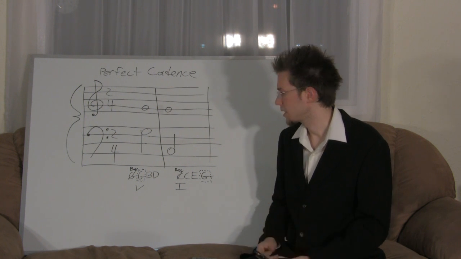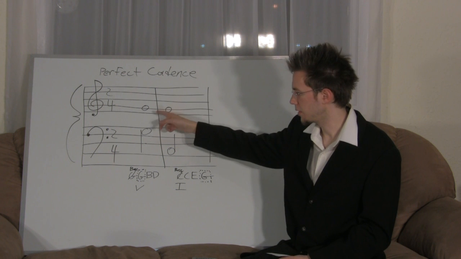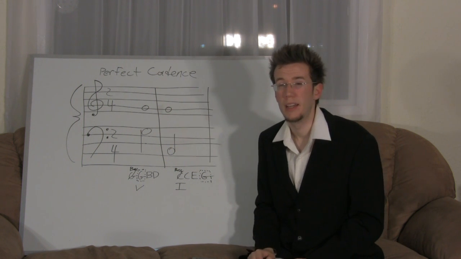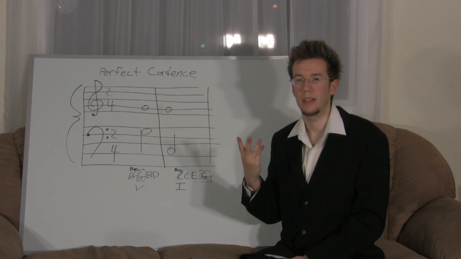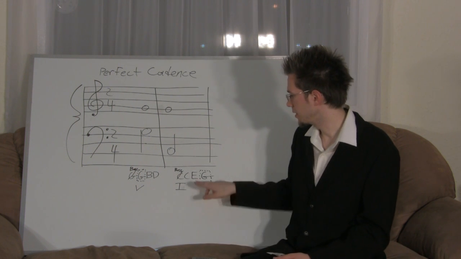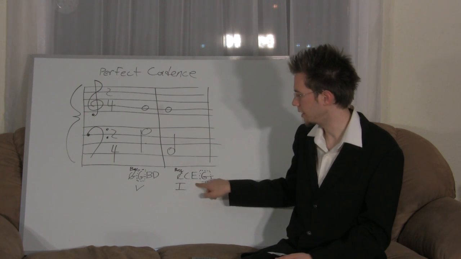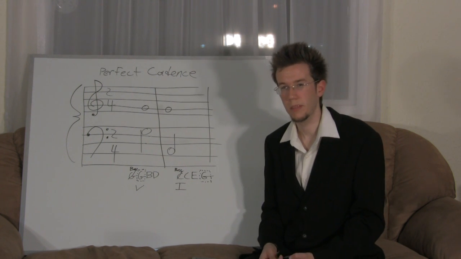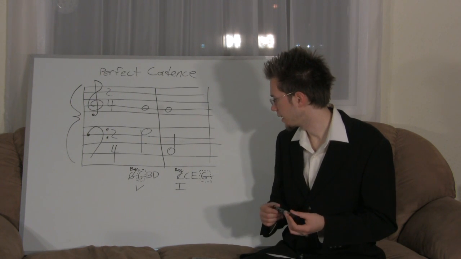So basically, step 1, draw in your bass. Step 2, draw in your treble clef. Use your common tone. Now you have 3 different options to finish off the cadence. You have 2 remaining keys left, so I have B and D and C and E. You're going to take the ones that are the closest together you can get.